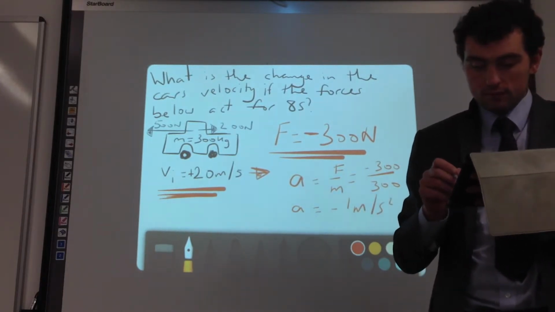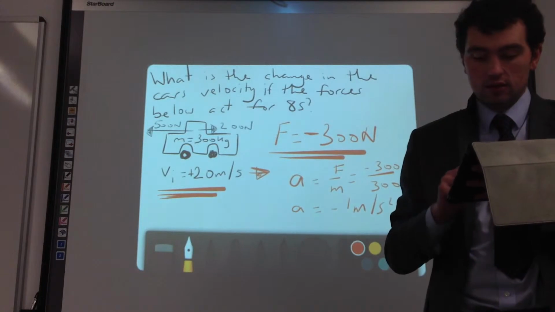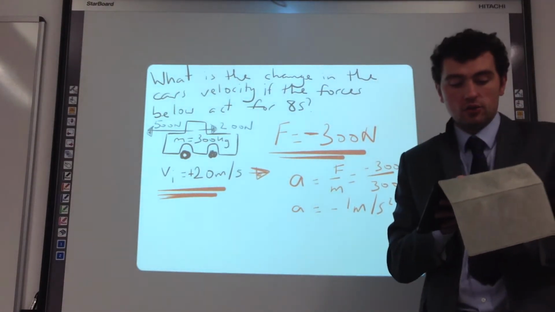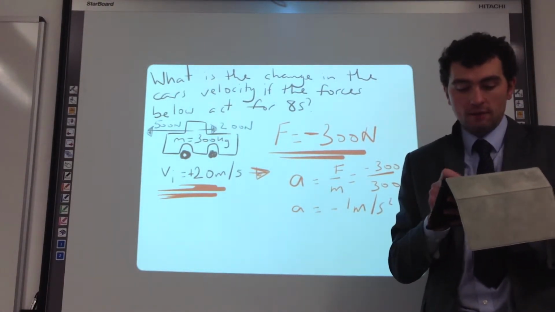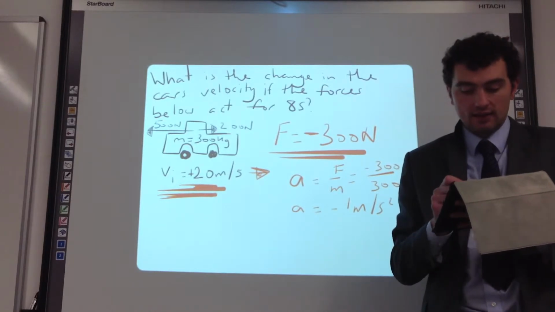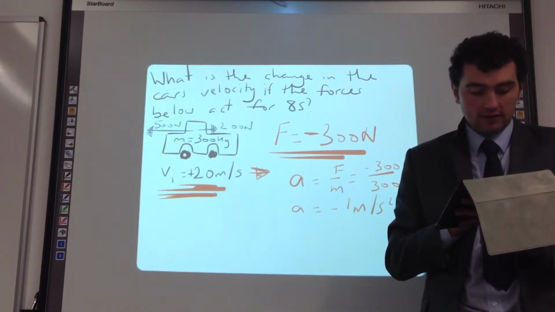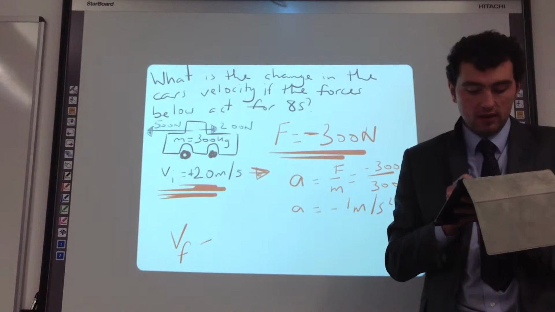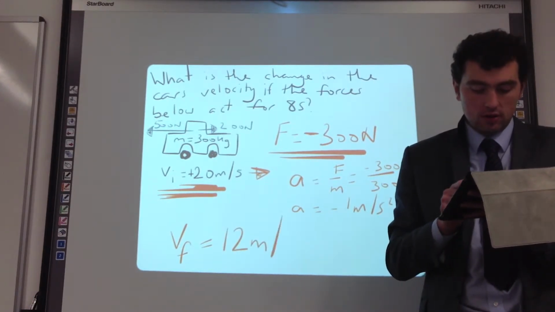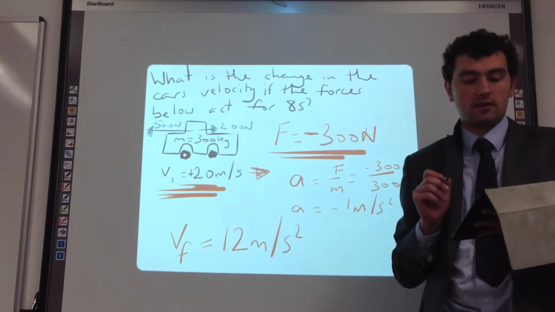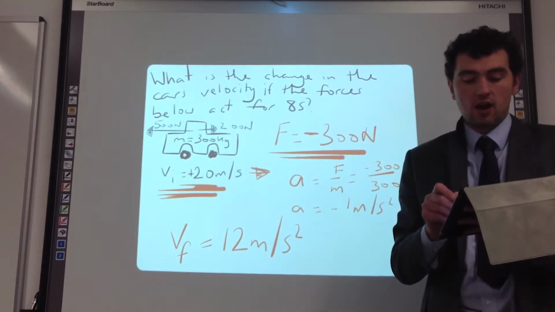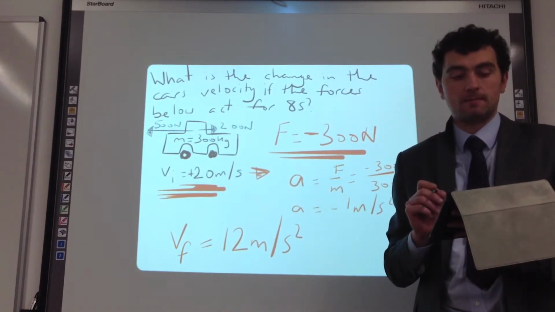Now, the car is originally going at 20 meters per second. If it accelerates like this for 8 seconds, well then the final velocity will be equal to 12 meters per second, because every second the car is slowed down by 1 meter a second.